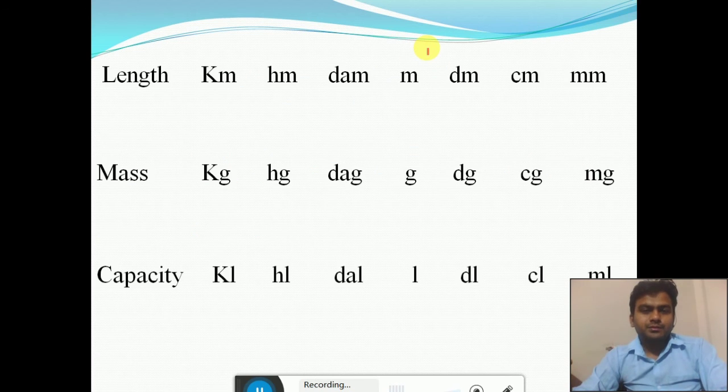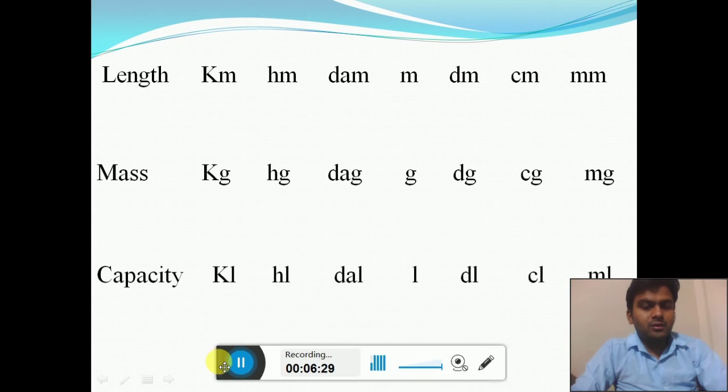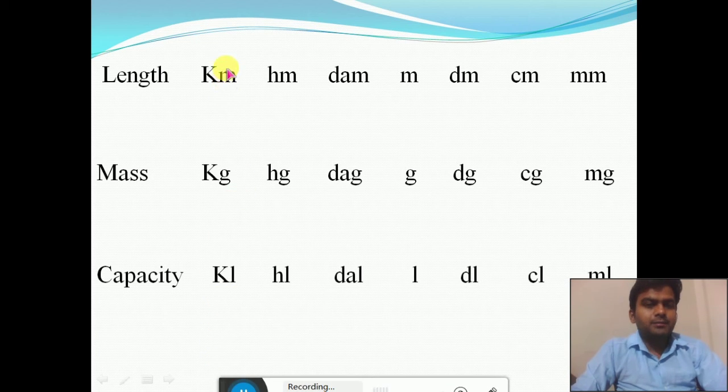Now here I have written length, mass, capacity. Here I have written the short forms of the units: km, hm, dam, m, dm, cm and mm. What I told you: on the left hand side larger units and on the right hand side smaller units. So when you want to convert a larger unit into a smaller unit, you have to multiply.